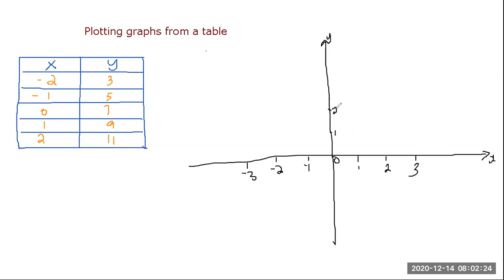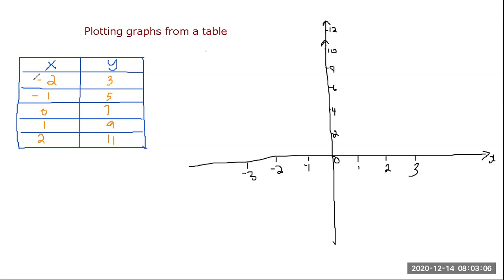The y values go up to 11. So that all my numbers fit, I'm going to count by 2s: 2, 4, 6, 8, 10, and let me extend this line so it fits. This is going to be 12. Now I'm going to go point by point and plot them in.